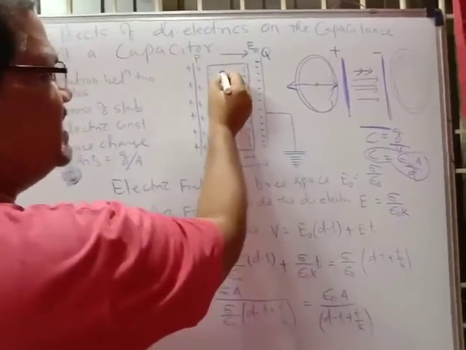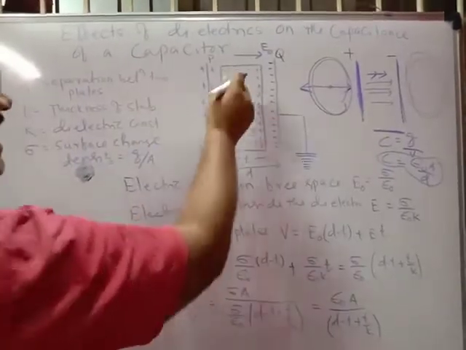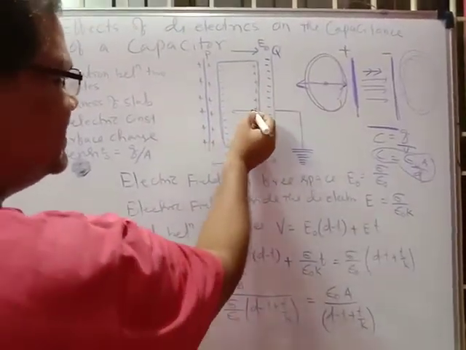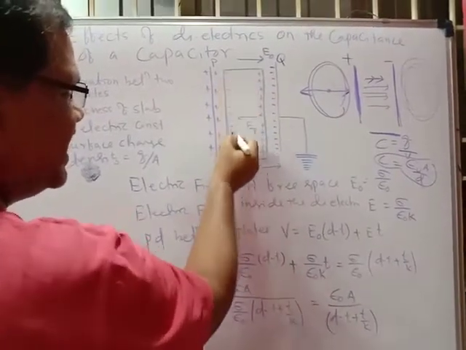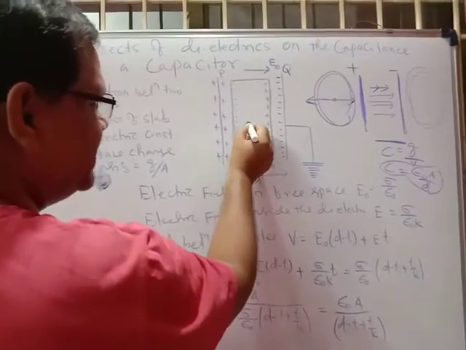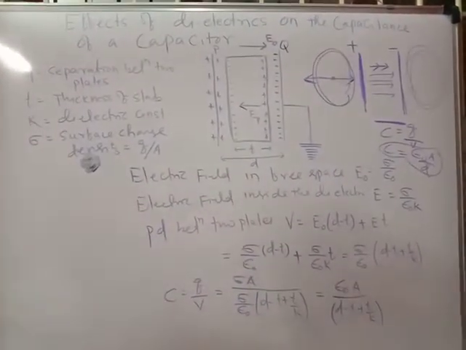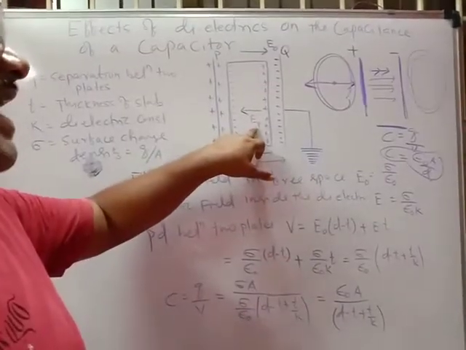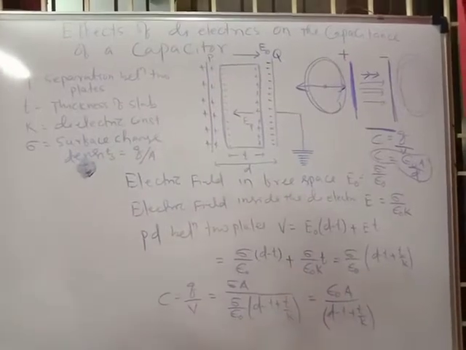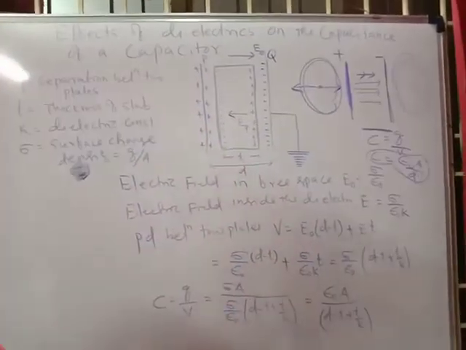All the molecules inside the dielectric will be arranged in a regular manner, and another electric field will be developed inside, one side negative and another side positive. E P, the electric field due to the polarization, will be developed inside the dielectric slab, opposing E naught. So the net electric field inside the dielectric will be E naught minus E P.